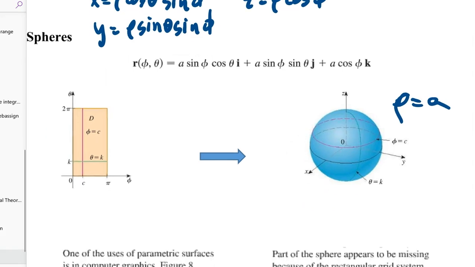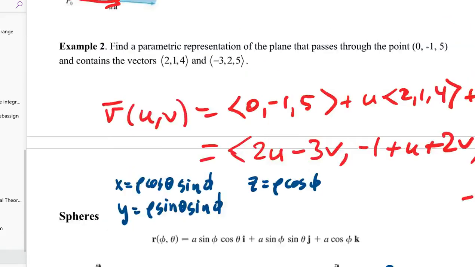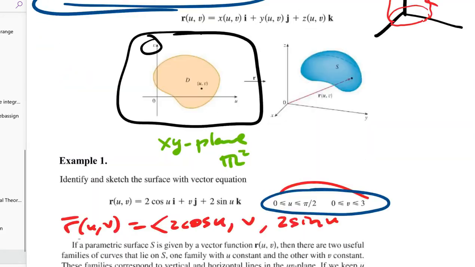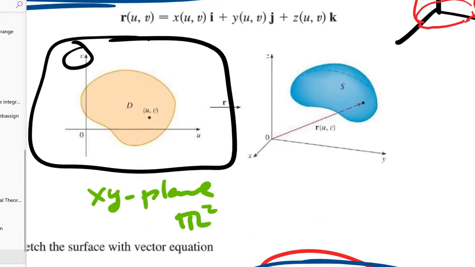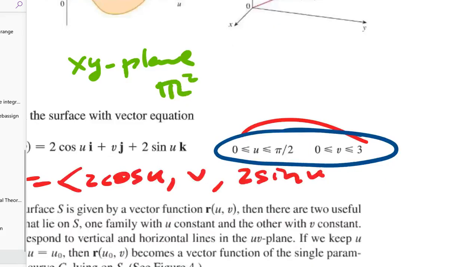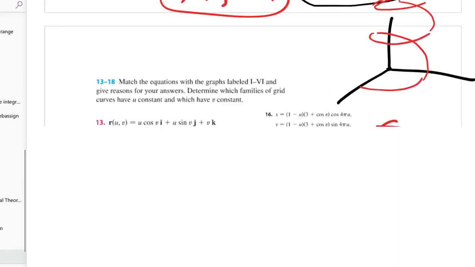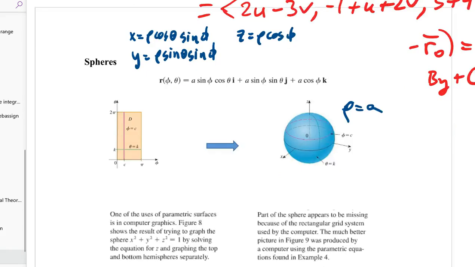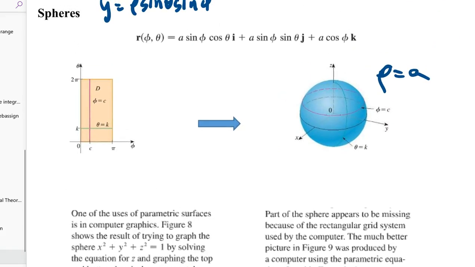And so what's happening here is the equivalent of what we did up here, where we started with a region and we ended up with a surface. This time the region is a rectangle, and we're going to end up with a sphere out of this.